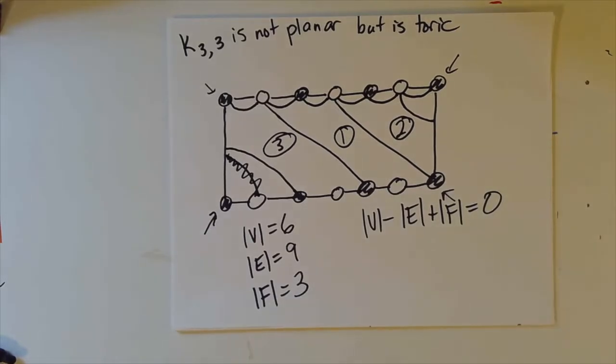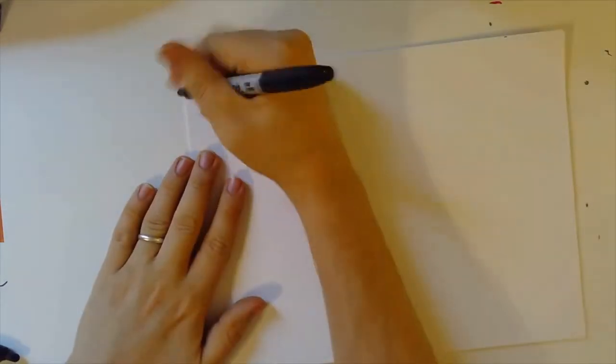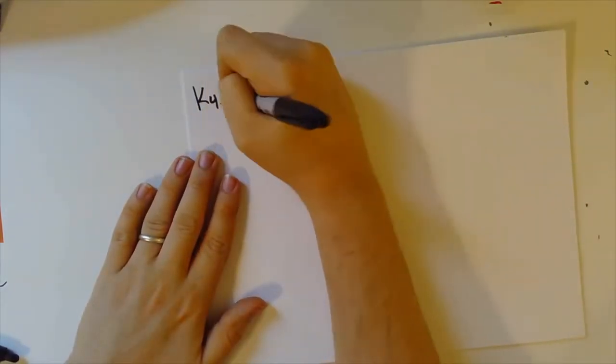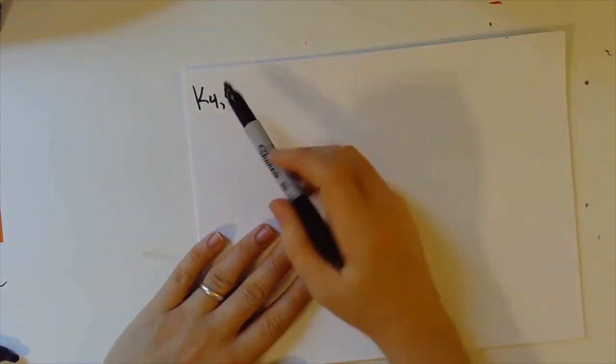Okay. Now we can do a good deal better, because we can even actually embed K44 in a torus. So K44 is toric. K44 is definitely not planar, because K44 has a subgraph isomorphic to K33, namely just throw away 1 point from each.